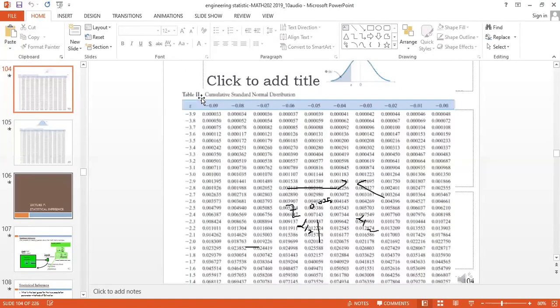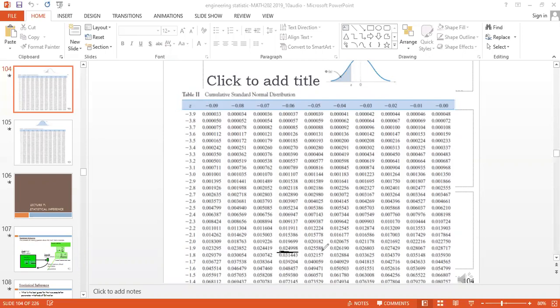Once again, we are going to read from the left hand because the probability is less than 0.5. When we come here, look at this carefully. We have 0.02499, which is approximately 0.025. The next figure, 0.0251, is far beyond that.